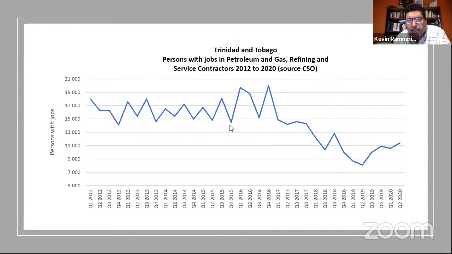But again, it shows a sharp decline in persons with jobs in the petroleum sector. Of course, you could see a sudden decline here after the third quarter of 2018. That big decline here is Petrotrin. It's the closure of the refinery and people at Petrotrin being sent home and so on. But generally, even without this big decline, which I attribute to Petrotrin, there would have been a large decline in the sector because of a reduction in offshore drilling activity and so on.